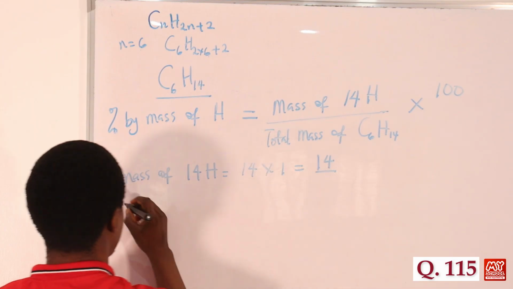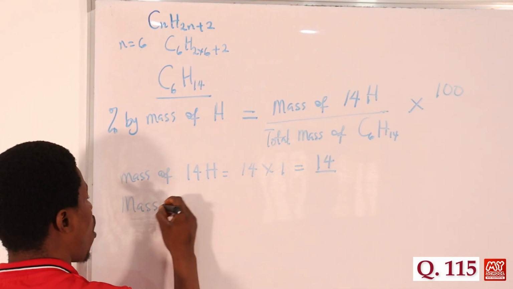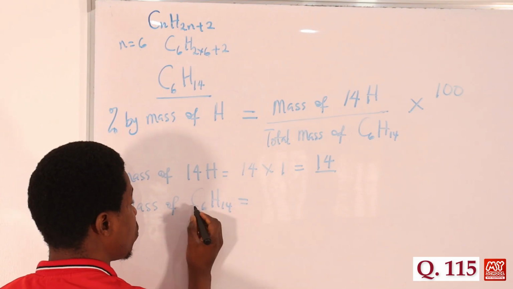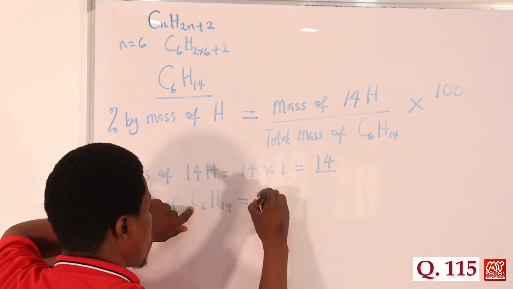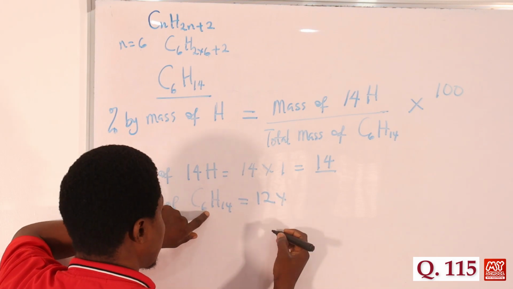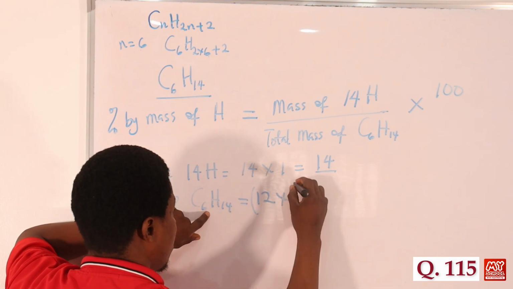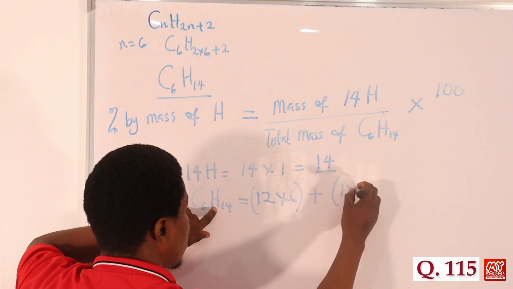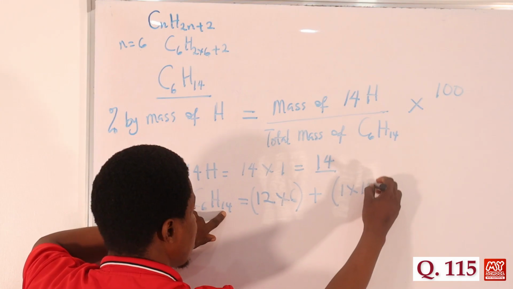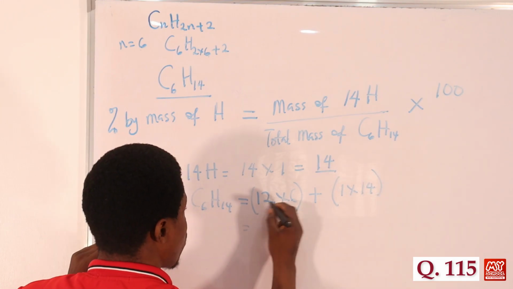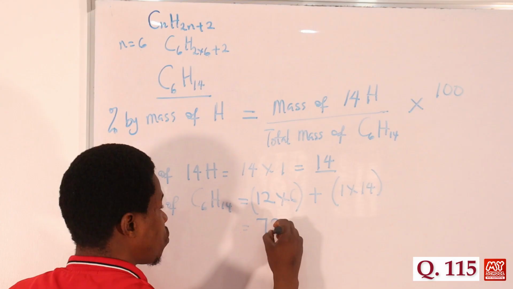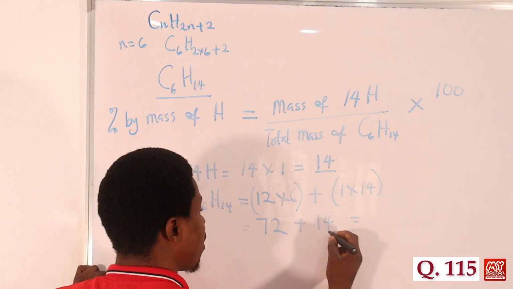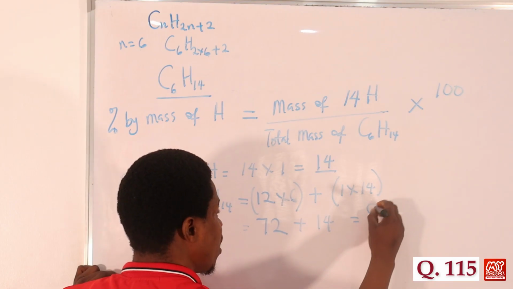Now the total mass of C6H14 will be equal to carbon, which is 12 as given, times 6, plus hydrogen, which still retains 1, times 14. So 12 times 6 is 72, plus 1 times 14 is 14. By the time you add that up, we have 86.